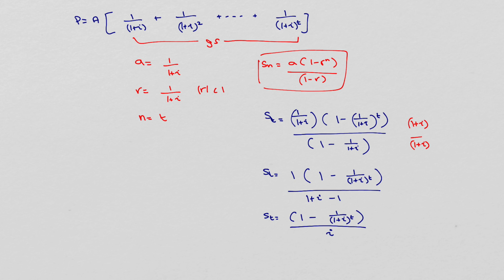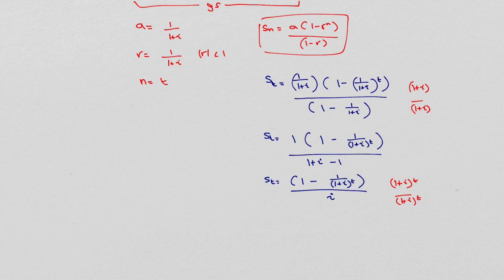Okay, so now what I'm going to do is multiply the top and the bottom by (1 plus i) to the power of t to get rid of the fraction. So that gives me (1 plus i) to the power of t minus 1, all over i times (1 plus i) to the power of t.